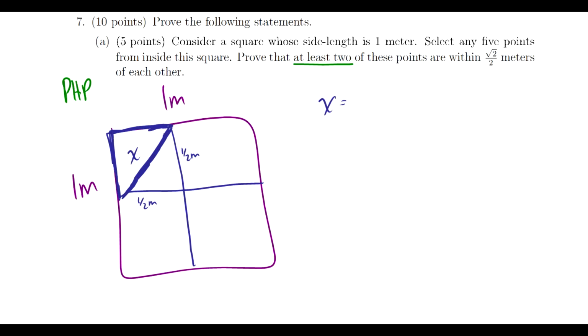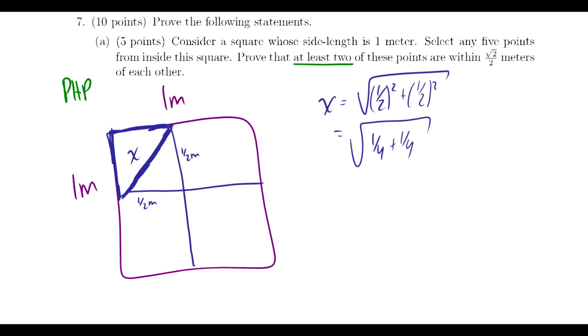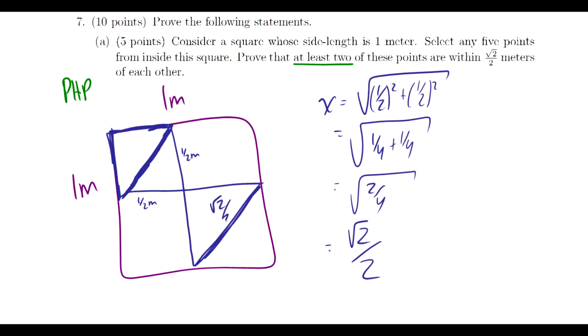Well, x is the square root of 1/2 squared plus 1/2 squared. That's the square root of 1/4 plus 1/4, so the square root of 2/4, which is root 2 over 2. So the hypotenuse in each quadrant is root 2 over 2 meters.